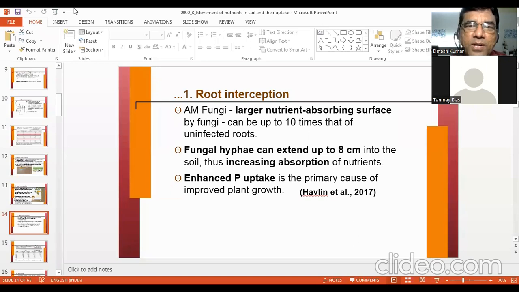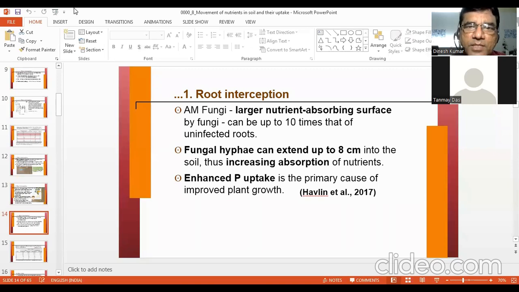And one more important job I wish to tell you is the transfer of nitrogen from legume to cereal plant or associated plant. Research suggests that these mycorrhiza make a bridge between legume and non-legume plants, and they transfer nitrogen, and up to 30% of the nitrogen which is fixed by the legume can be transferred to the associated crop.